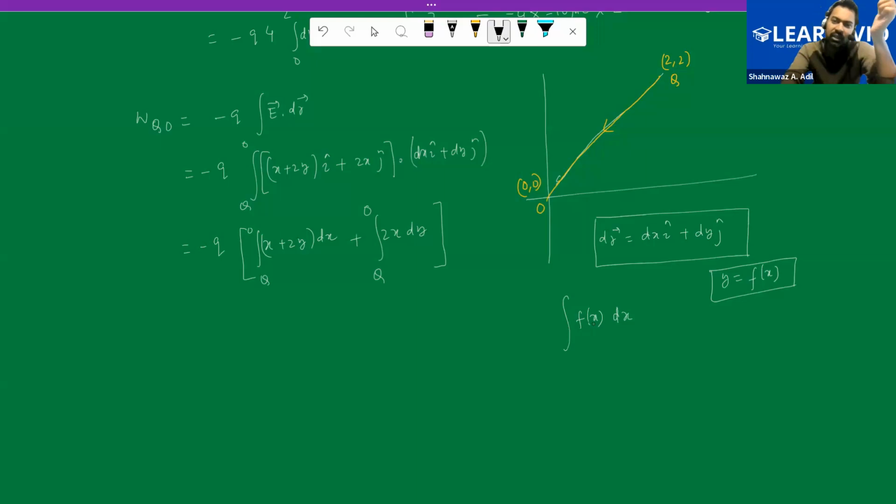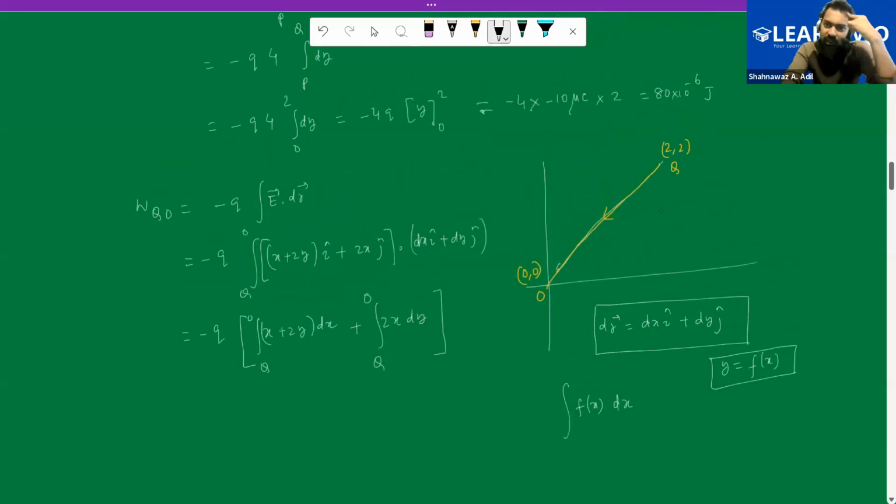Now, if you look at this diagram, it tells us how we can change y. Whatever is coming into your mind, please tell me. You are correct.